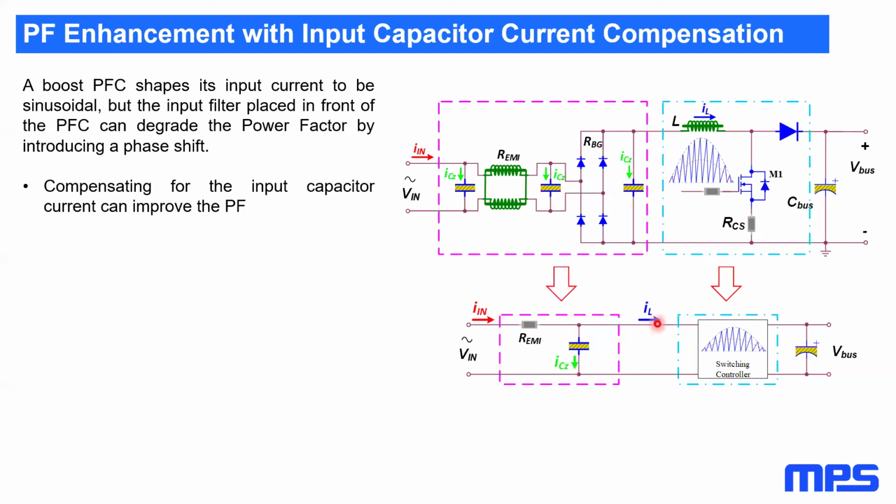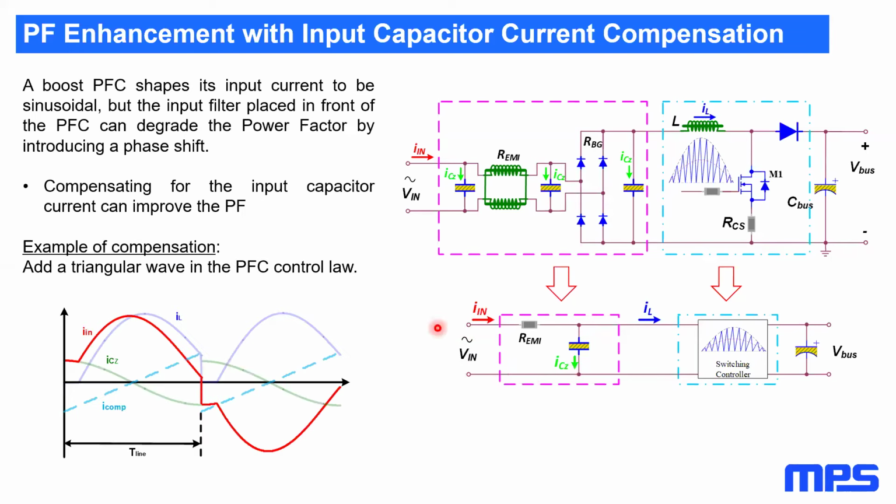So at the IL level, which is the input of the PFC stage, the current is sinusoidal, but at the IN level, which is really connected to the grid, there is this perfectly sinusoidal current plus a capacitive current here that introduces a phase shift.